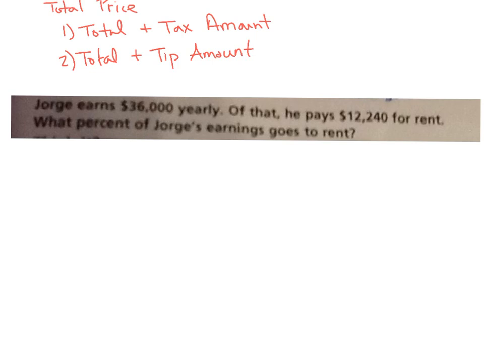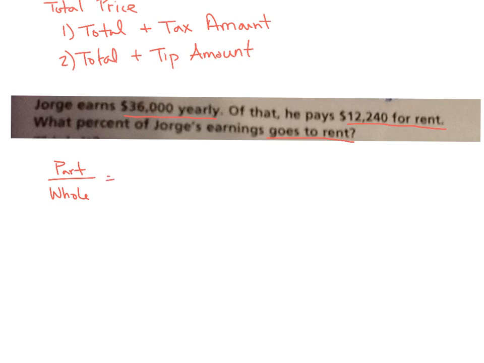Okay, Jorge earns $36,000 a year. Of that, he pays $12,240 for rent. What percent of Jorge's earnings goes to rent? So we know he's $36,000 yearly, $12,240 for rent. What goes to rent? Okay, it's part over whole.